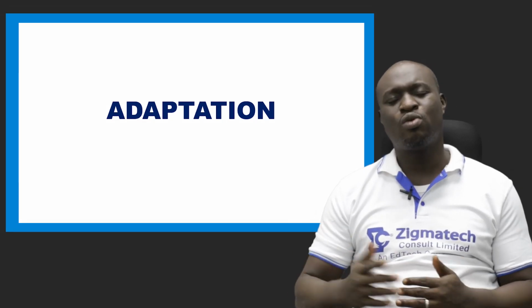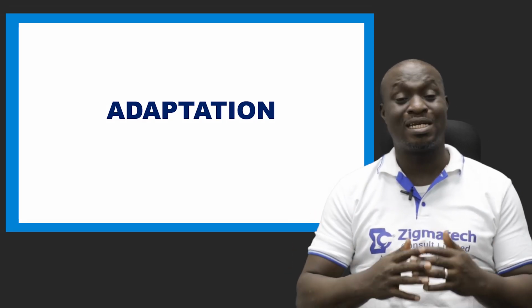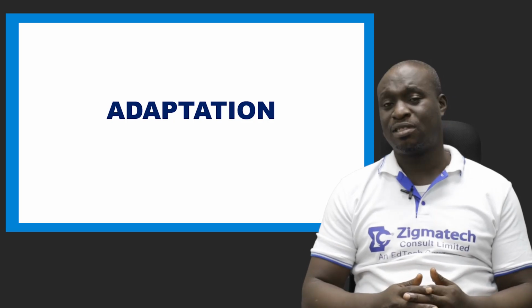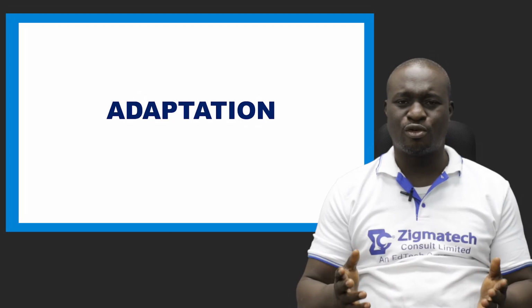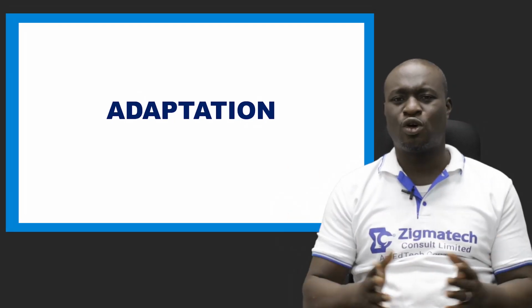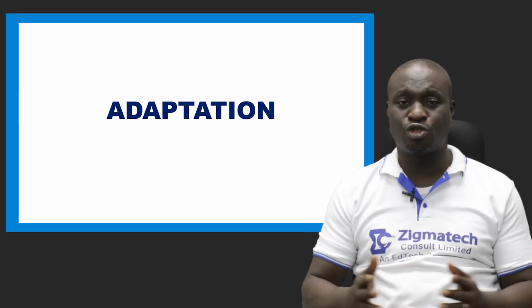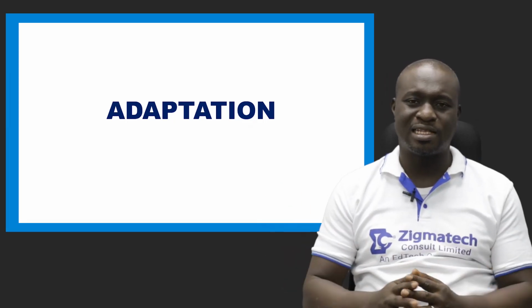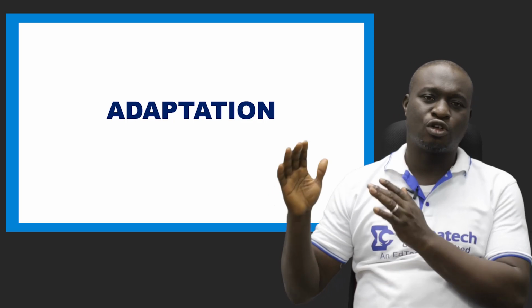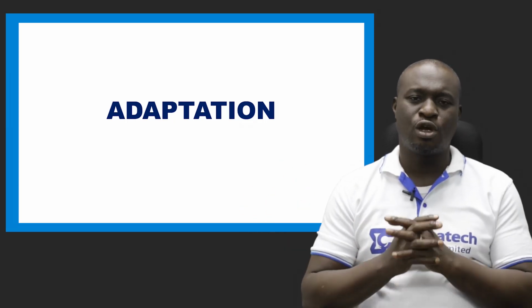In part 2, we're going to be looking at other aspects or the different types of adaptation, like colorative adaptation, behavioral adaptation, and so many other things. We're even going to be talking about social animals, so many exciting things on adaptation 2.